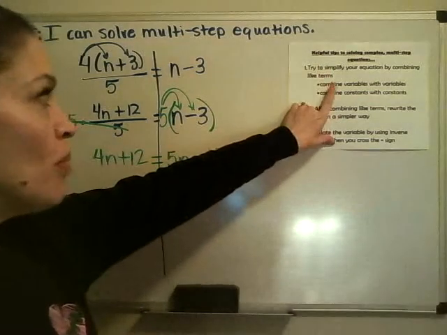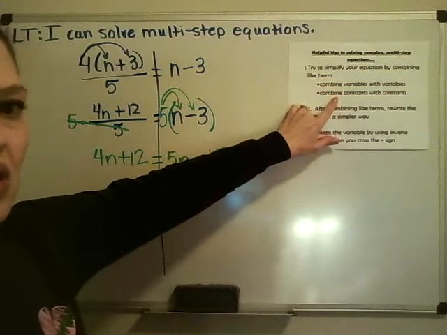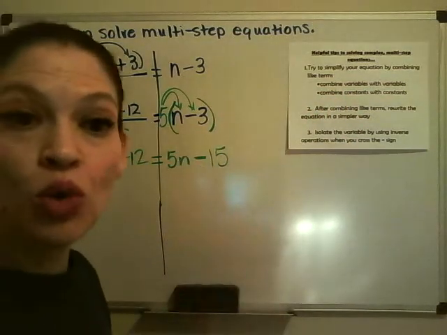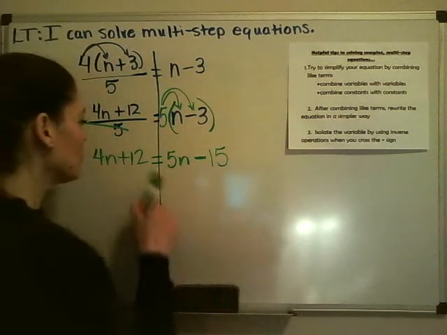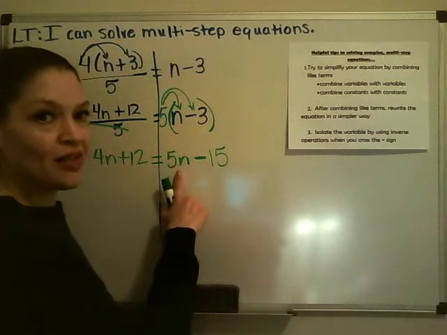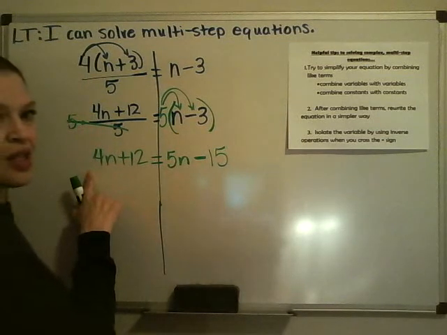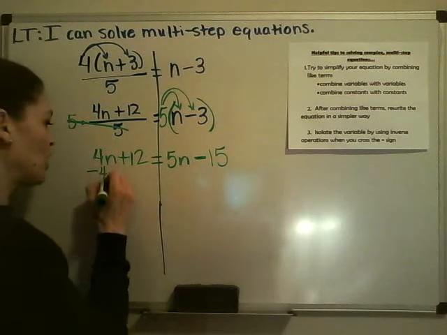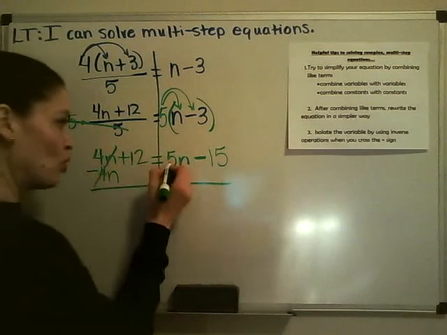We want to combine variables with variables and constants with constants. So what do you want to move and where do you want to move it to? That's your decision. You see how that's a 5n? And that's bigger than 4n. So I want to subtract 4n, cancel it from this side, move it to the right.